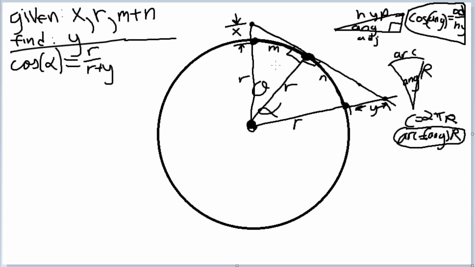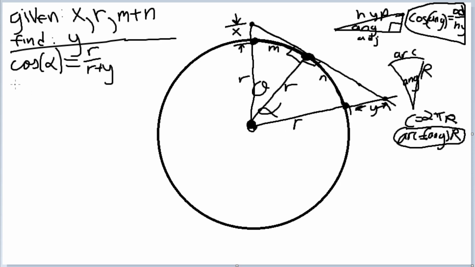Just applying our rule, right? Adjacent over hypotenuse. Here's the right angle. I know you kind of got to flip that triangle through the page to see how it matches up here, but I've attempted this a number of times now, so I'm pretty good at flipping the triangle in my head.